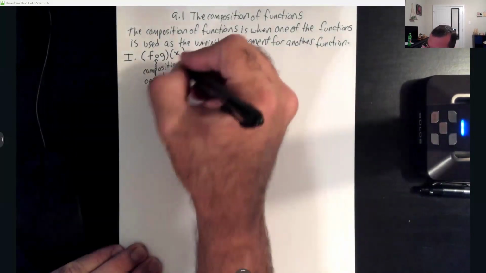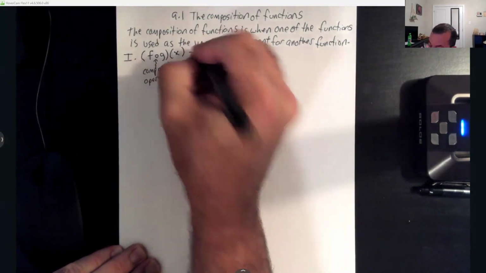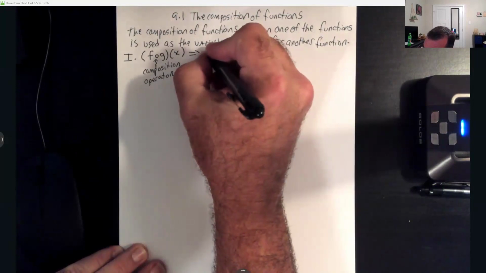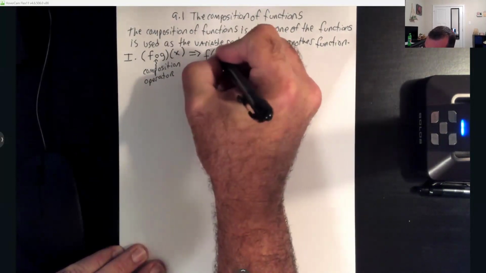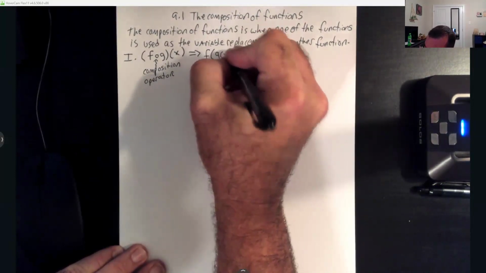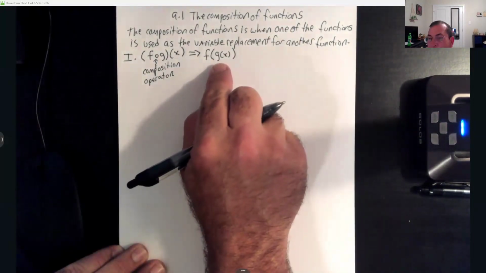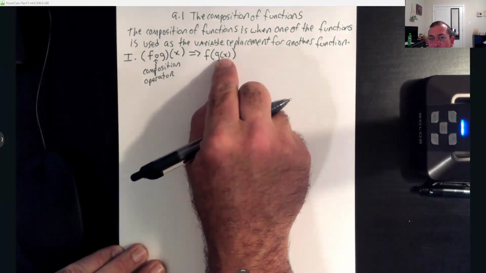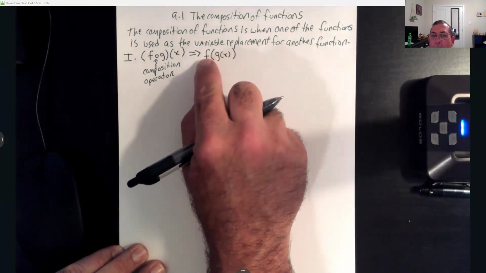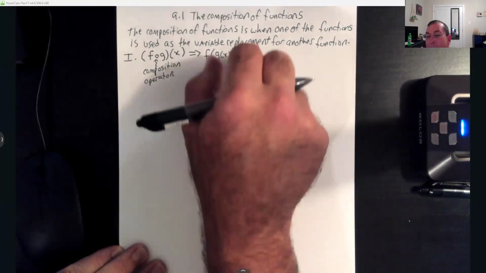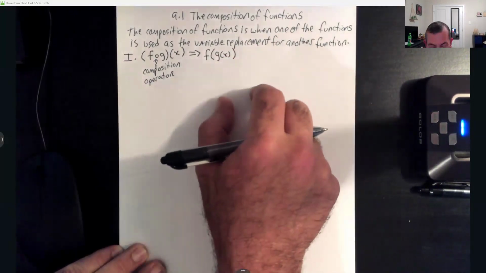Okay. So what this really means when you see F compose G of X, that's really F of G of X. So what that means is we take this G of X function and everywhere the F function has a variable, we replace it with that whole G of X function.